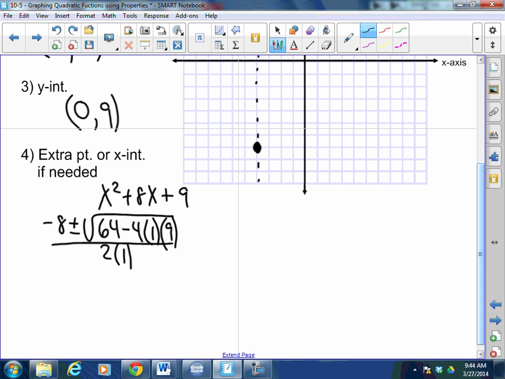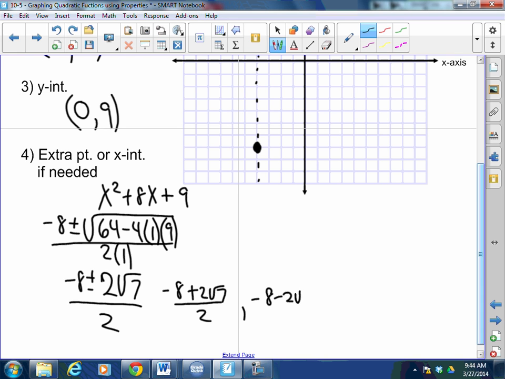2 times a. So that's negative 8 plus or minus the square root of 64 minus 36. That's 28. Am I right there, guys? 28 is 4 times 7, right? So it's going to be 2 square root of 7 over 2. You guys with me here? So I've got negative 8 plus 2 square root of 7 over 2, comma, negative 8 minus 2 square root of 7 over 2.